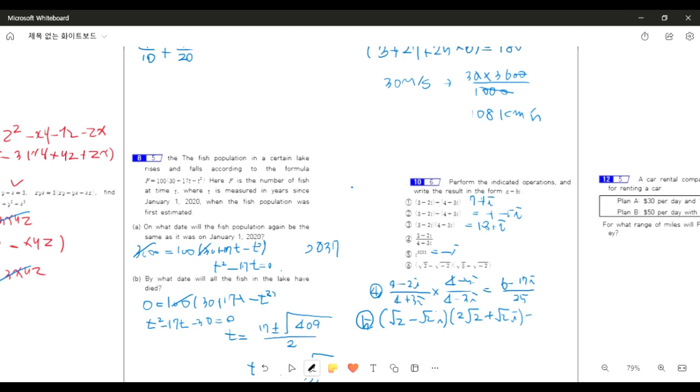Expanding this equation, then you can get 6 minus 2i. Okay, 6 minus 2i. And two more questions. Okay.